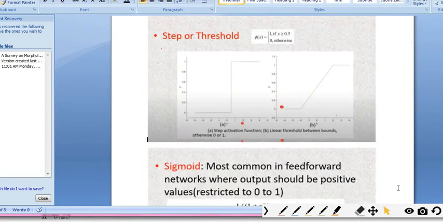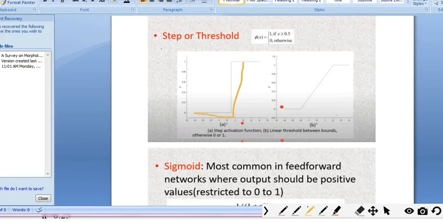The next function is the step or threshold function, and the graph looks like this. It is a kind of step: at a particular input, the value changes from 0 to 1 directly and then remains the same.